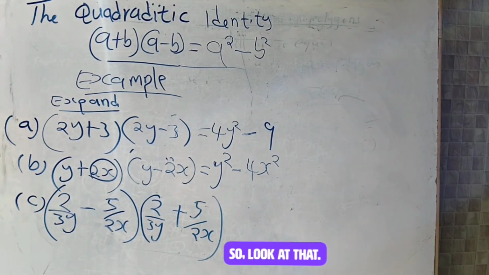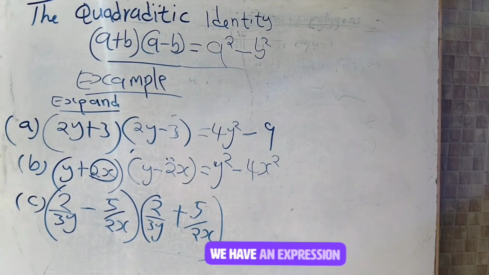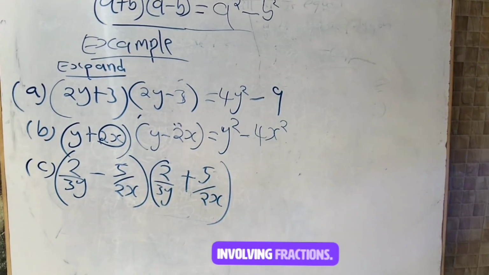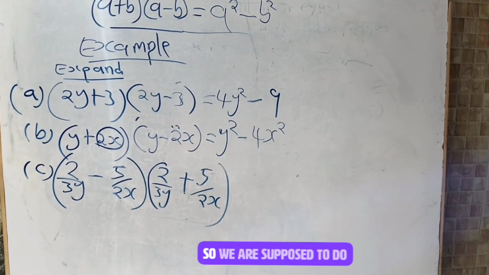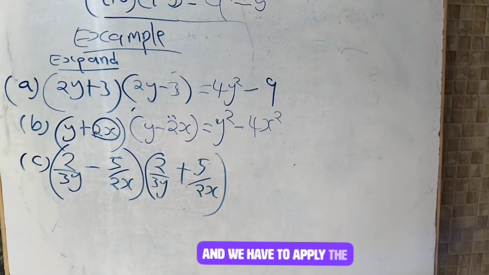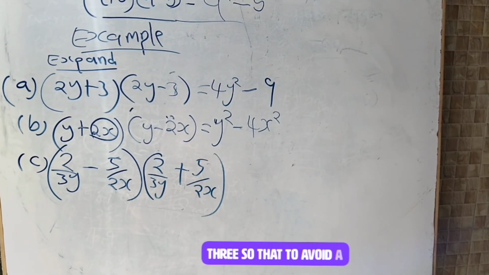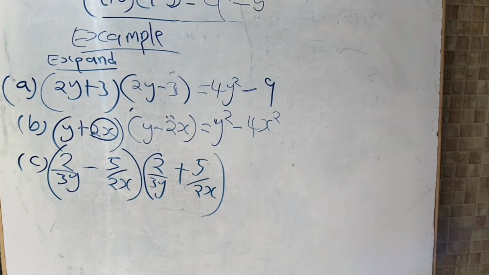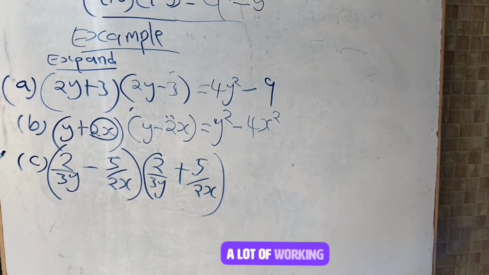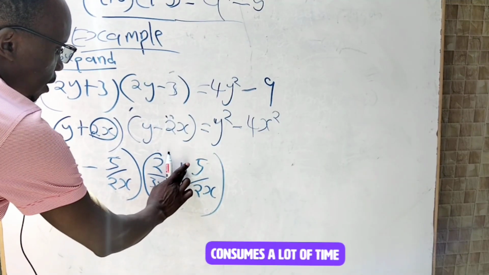So we have an expression involving fractions. We are supposed to expand, and we apply quadratic identity number 3 to avoid a lot of working, which consumes a lot of time unnecessarily.